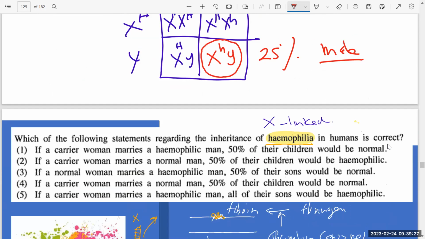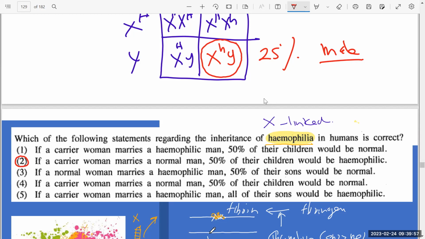According to that, if we look at this fact, the answer is one, guys. If a carrier woman marries a hemophilic man, 50% of their children would be normal. I think here 25%, but we don't see that, all the choices are 50%.